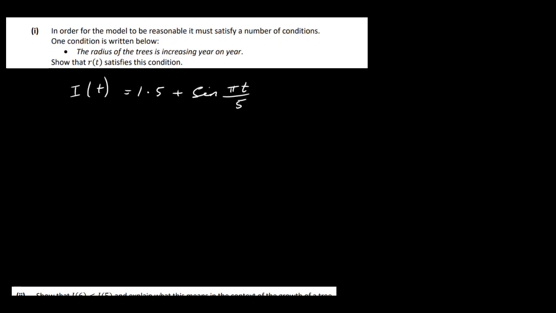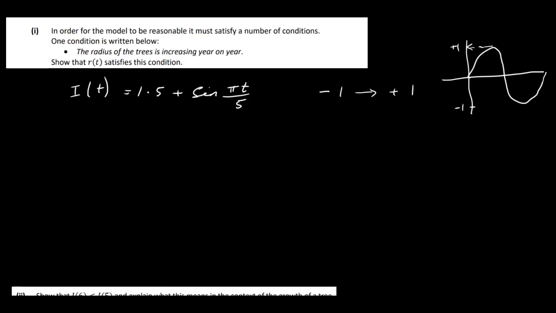Now if you take the sine function, the sine of anything is going to be between minus 1 and plus 1 on the y-axis. So you can imagine your sine function is going to look something like that. The maximum that sine can be is plus 1, and the minimum it can be is minus 1.